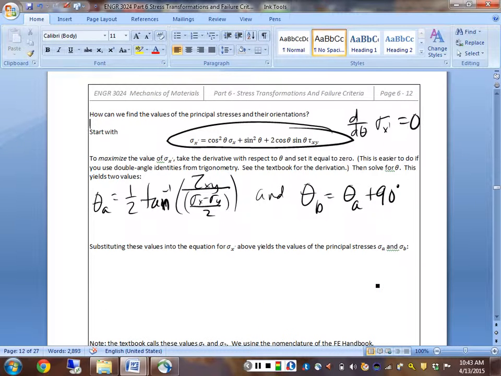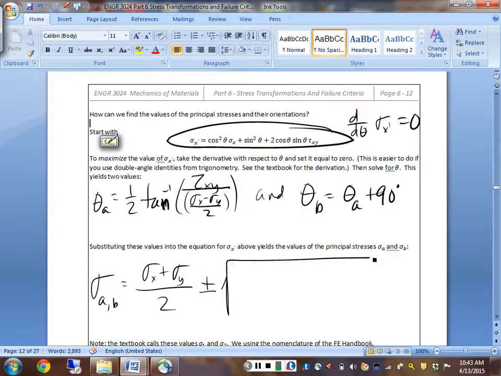And skipping over a little bit of the painfulness, we find that our max sigmas are the average stress, plus or minus, here's what you were trying to do, the difference squared plus the shear squared.